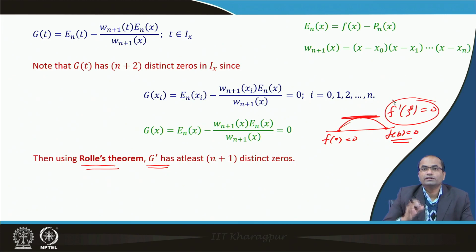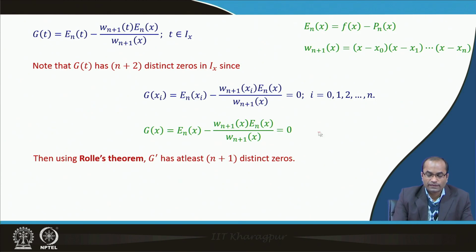So, between the two zeros, its derivative will have one zero, and the same argument we can apply here. The function g is 0 at x_0, x_1, x_2 and so on, and also x_n, and also there is a point x somewhere.